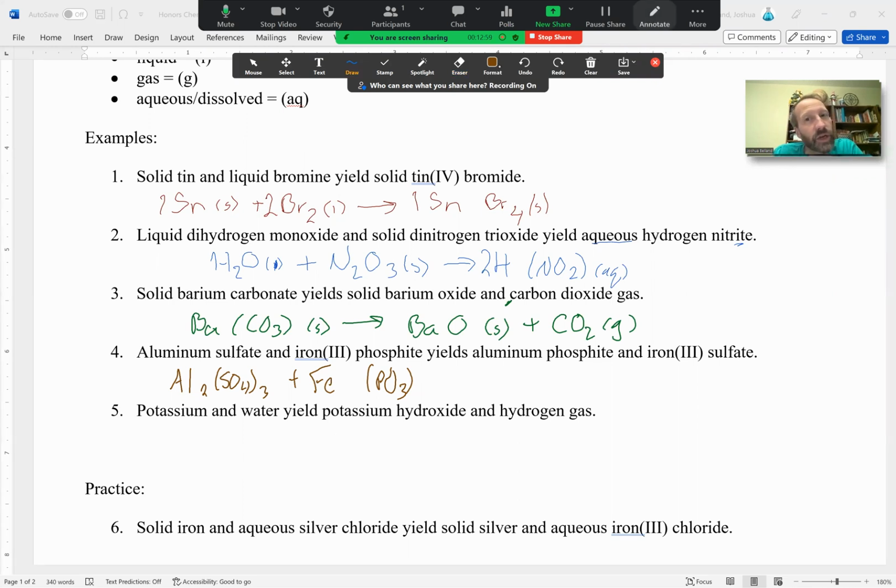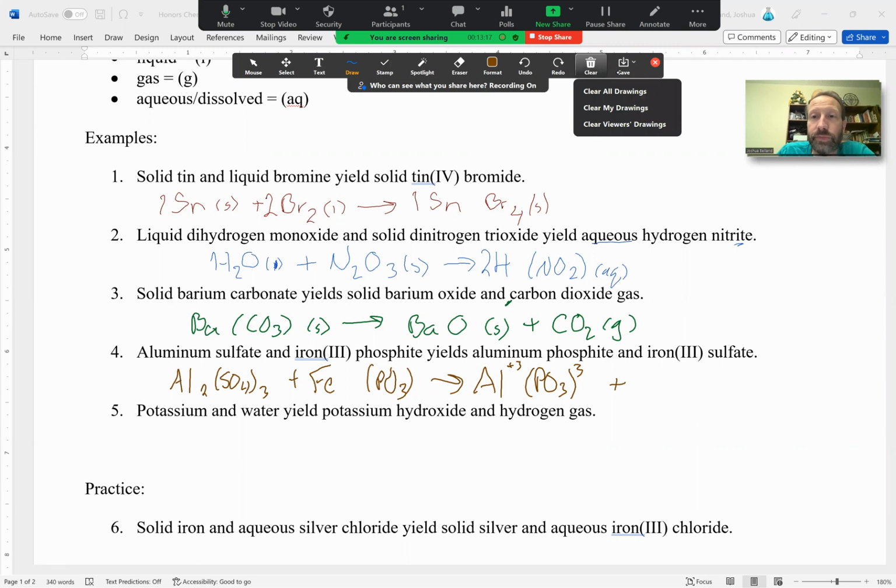Okay, so now I have yields, so it's time for an arrow. And I have aluminum, still a 3, and phosphide, still a 3. That's going to reduce.